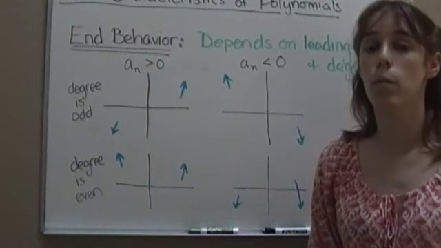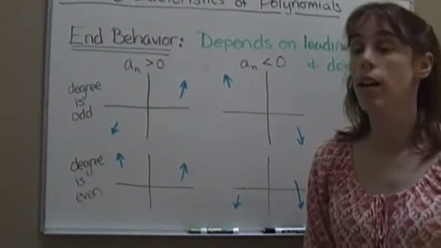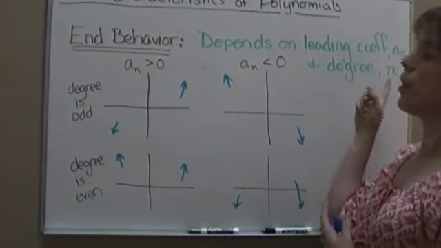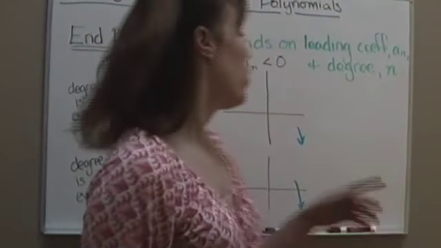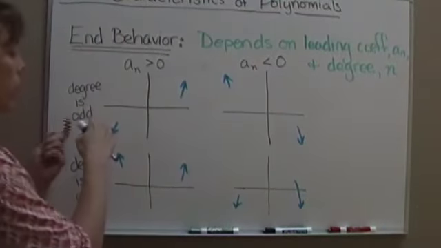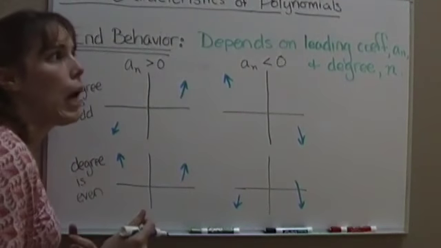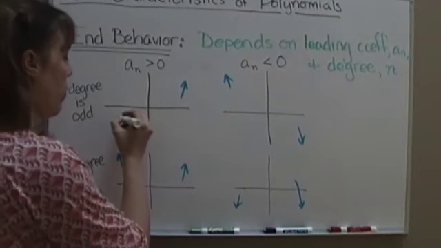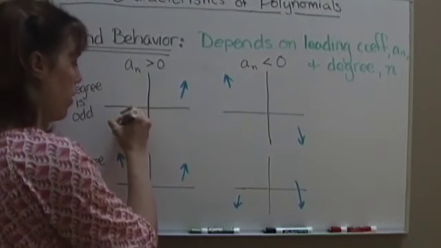End behavior depends pretty much exclusively on the leading coefficient, a sub n, and the degree, n, of the function. So if you look at a function where the degree is odd, like x to the third, you have the graph go up on one side and down on the other.